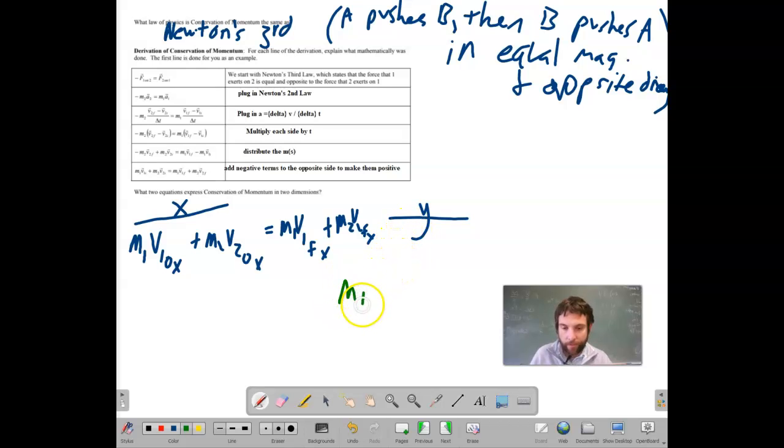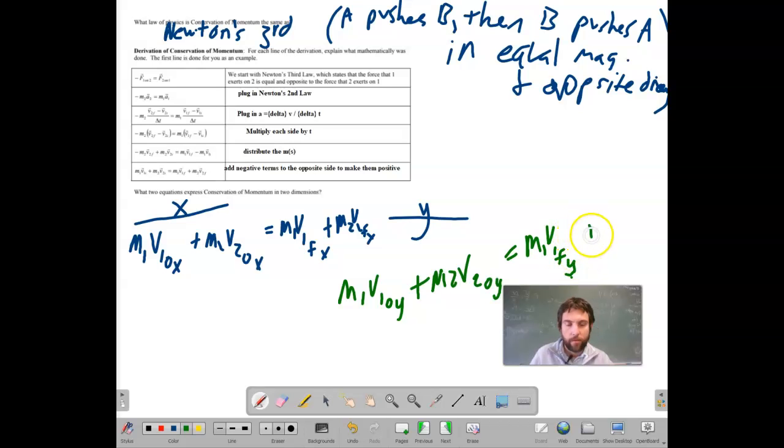It's going to be m1 v1i in y plus m2 v2i in y equals m1 v1f in y plus m2 v2f in y. Woo!